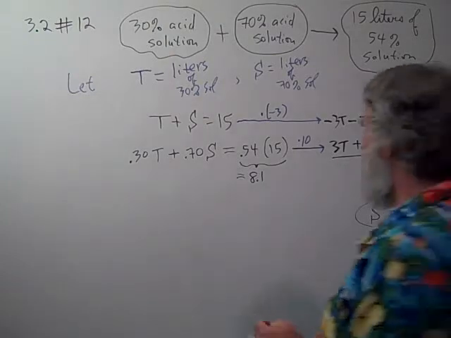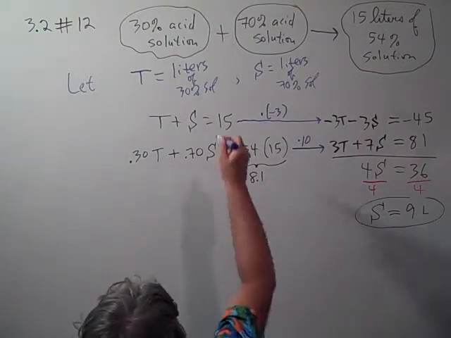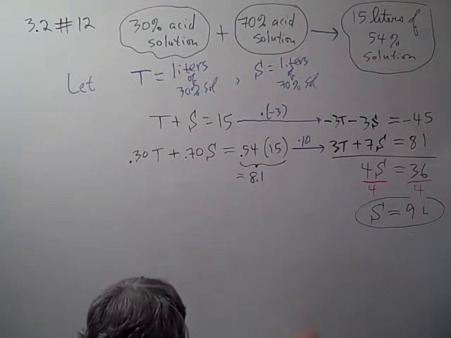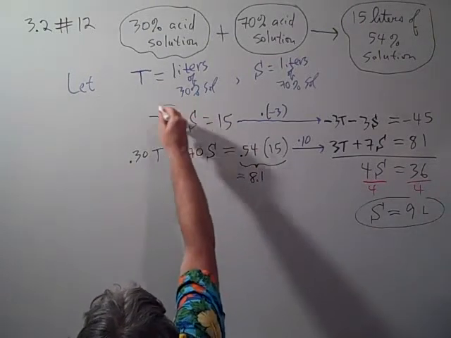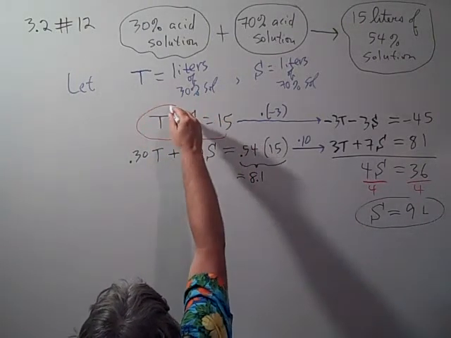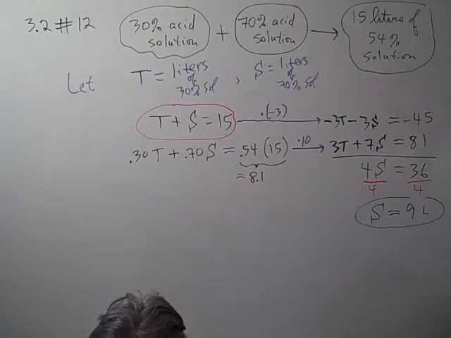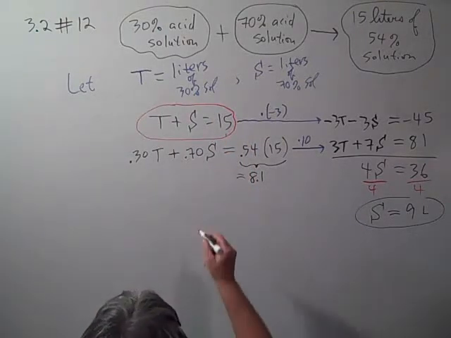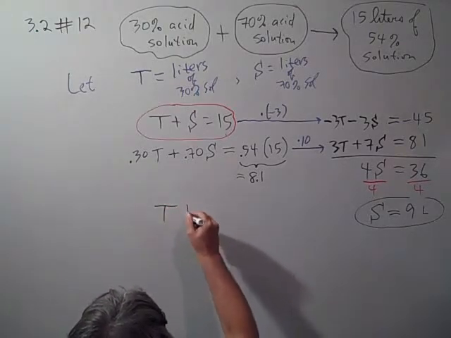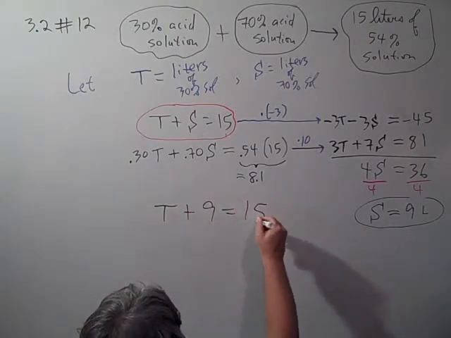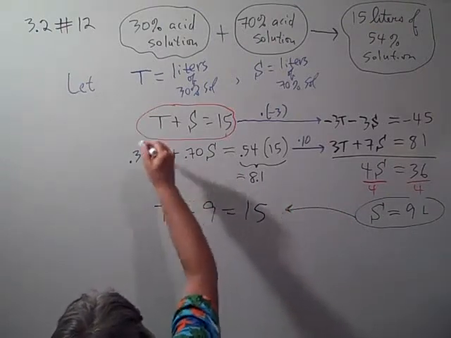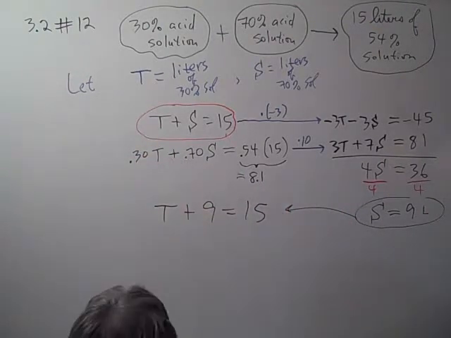Now, if we combine that with the information that we had to begin with, that there's a total of 15 liters, 9 of them are from the 70% acid solution. So T plus 9 equals 15, putting all this information together from both of these equations.